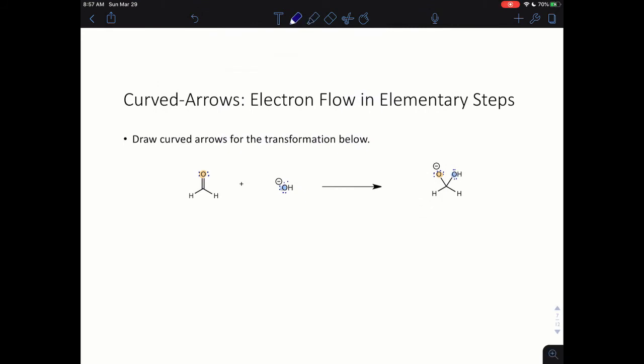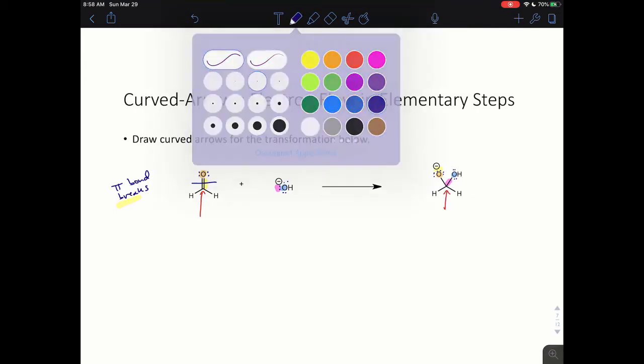Now it looks like the pi bond is going to break. And those electrons in the pi bond are going to end up on the orange oxygen. And then it seems like these electrons on the hydroxide are going to be used to make a bond to this carbon, which I'll indicate with an arrow. Here it is in both structures.